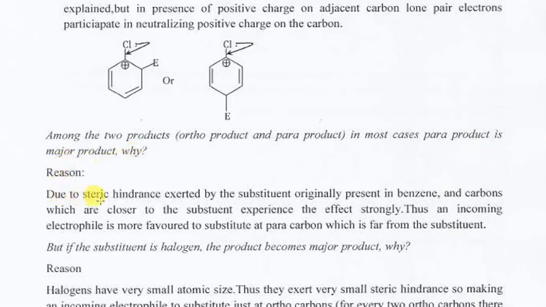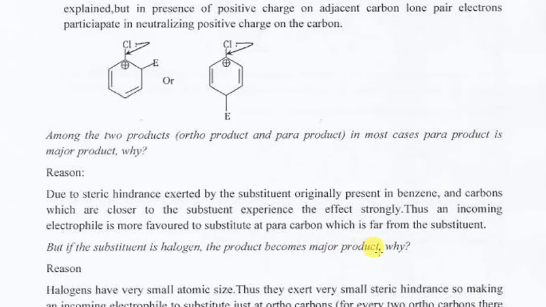So the reason is steric hindrance exerted by substituent originally present in benzene, and carbons which are closer to the substituent experience the effect strongly. Thus, an incoming electrophile is more favored to substitute para carbon which is far from the substituent. But if the substituent is a halogen, kama substituent yetu ni halogen, the para product becomes major product.